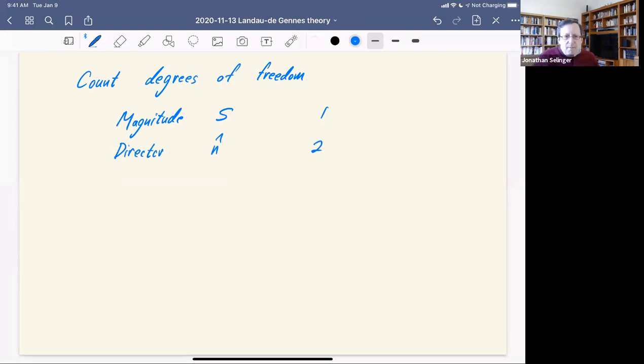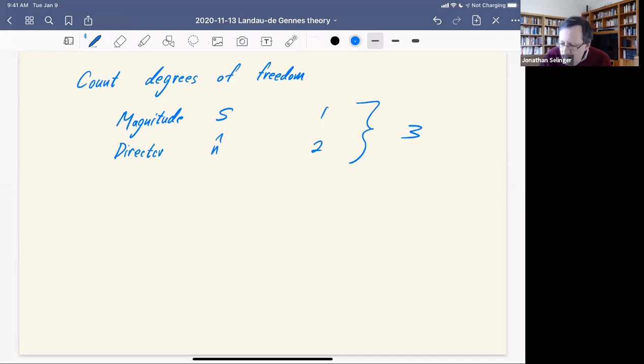And that's normal for a unit vector. In general, an arbitrary vector in 3-dimensional space has 3 degrees of freedom. But when it's a unit vector, that's an extra constraint and it knocks it down to 2. So we think there should be 3 degrees of freedom.